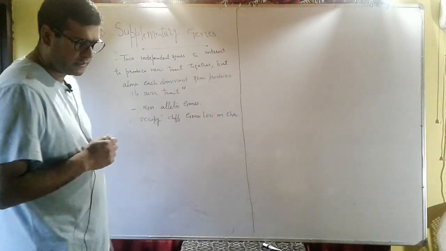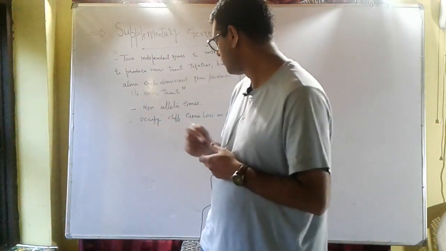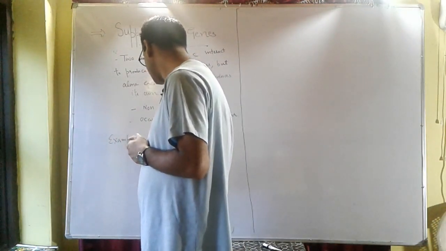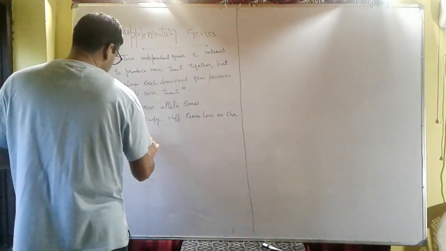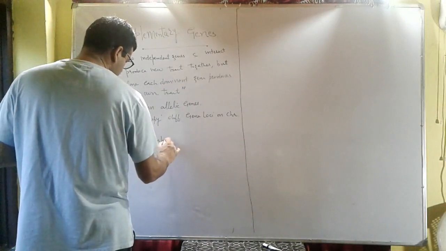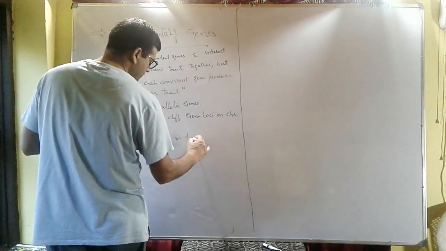So we have the examples of supplementary genes. We'll take the example of interaction of supplementary genes in case of combs in fowls.